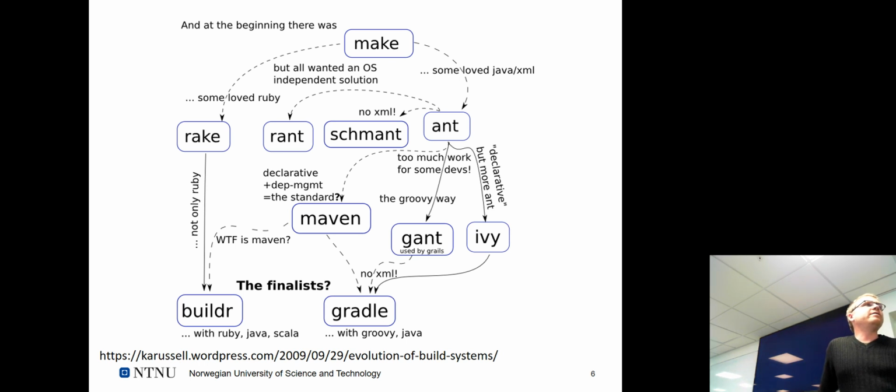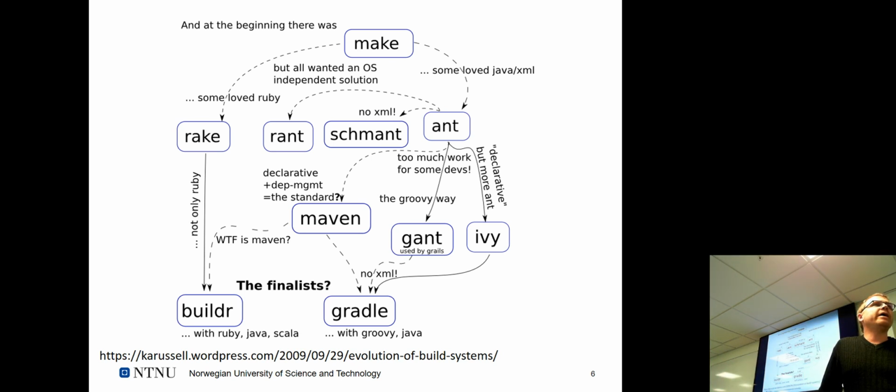So in a human readable language and so on, and to make it interpretable. And there were, of course, other variants that people said, yeah, no, I actually don't want XML. So coming up with other derivatives and operating system more independent solutions as well. Whereas Ant, I think, operates pretty much on any operating system as long as you run Java, of course, because it's Java-based itself.